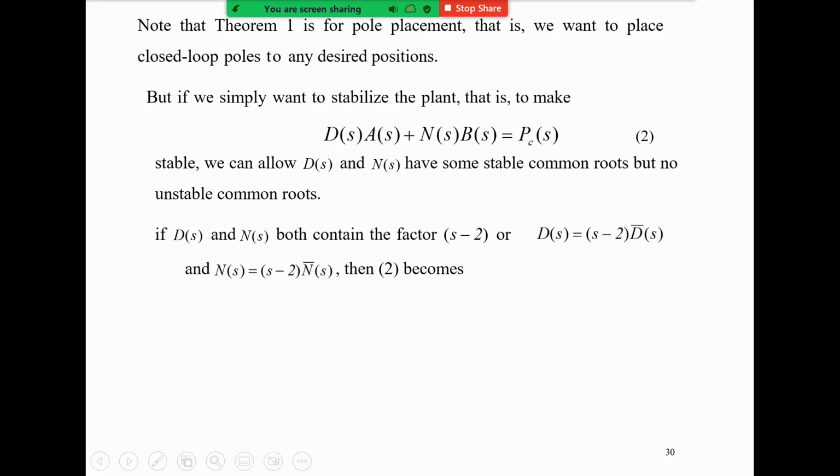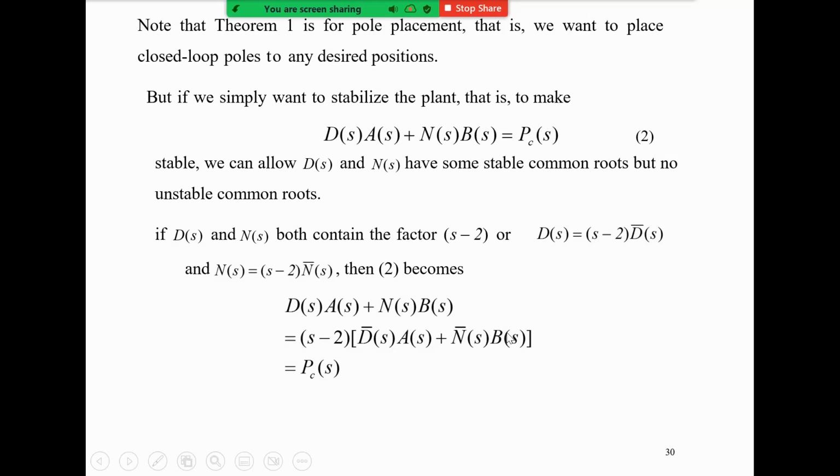First of all, let me show what would happen with a common unstable factor. So if D and N both contain the factor S minus 2, so D equals S minus 2 times D bar, N equals S minus 2 times N bar, and then this is the closed loop polynomial. You can say that this closed loop polynomial always has an unstable pole, no matter what you do with your A and B. So what does that mean?